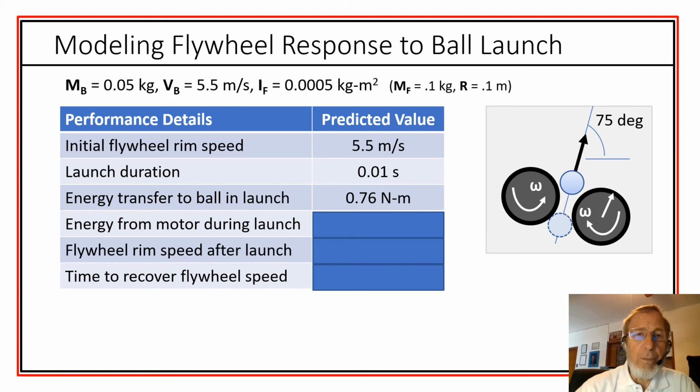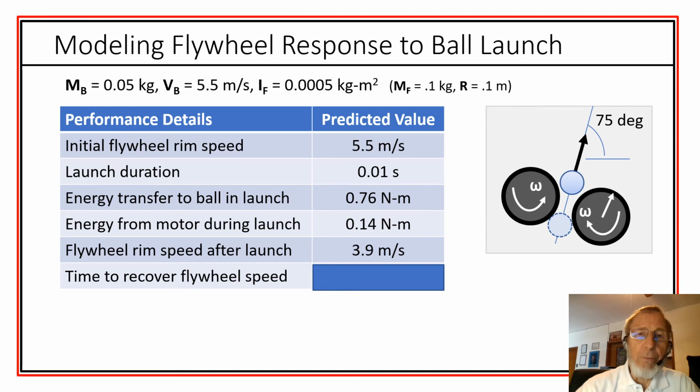So that's calculated. During that same increment of time, the motor is putting energy into the flywheel based on the torque that it's applying, the amount of time, and so on. And so we can determine how much energy the motor added to the flywheel. Notice that 0.76, 0.14, that the motor is adding less than the flywheel is transferring to the ball.